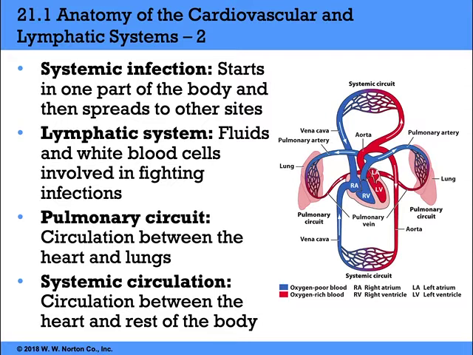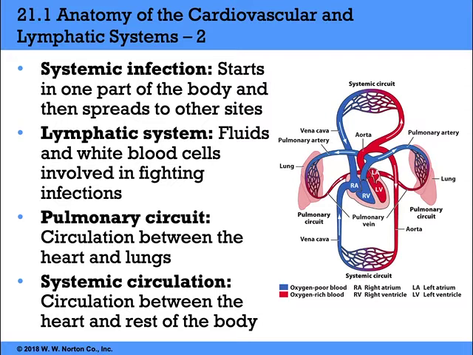Okay? In addition, the lymphatic system also transports dietary fat from the lymphatic system to the blood, and then from the blood eventually to the tissues, and specifically the liver. Okay? So that's the layout.